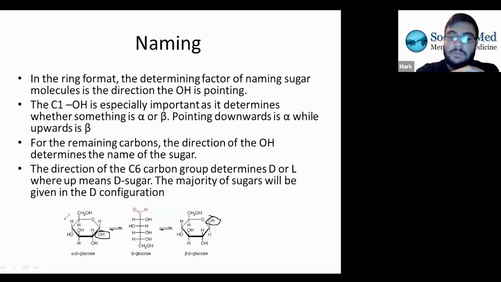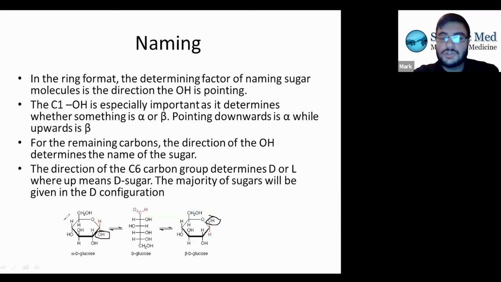If you instead went down, down, down, it's no longer glucose, it's a different sugar. For these next ones, 2 to 5, right? And for the final one, the C6, the direction of the C6 carbon group determines whether it's D or L, where up means D sugar and down means L sugar.